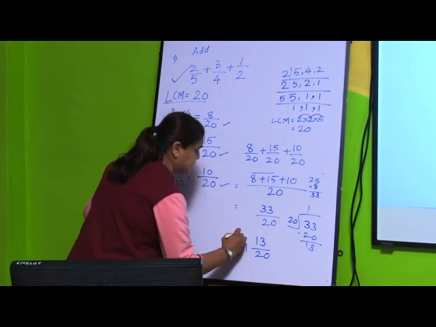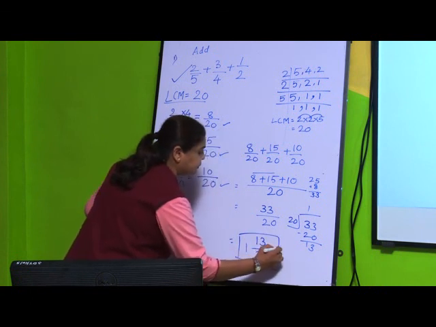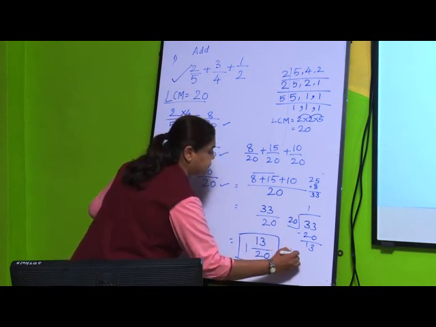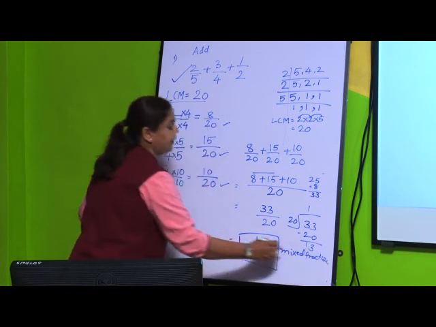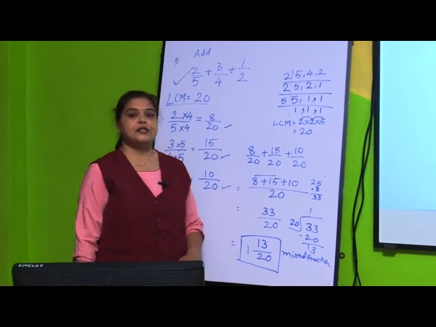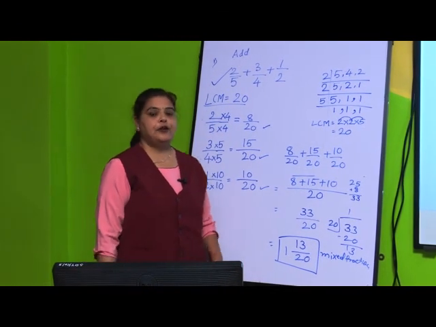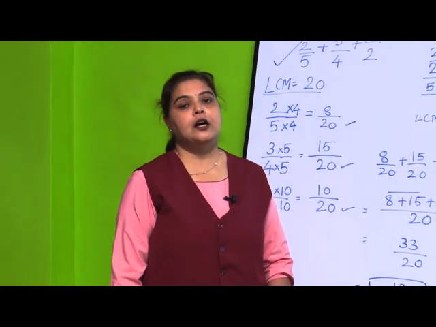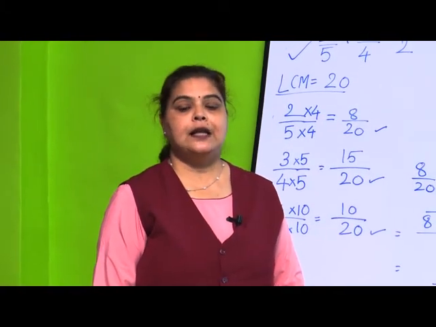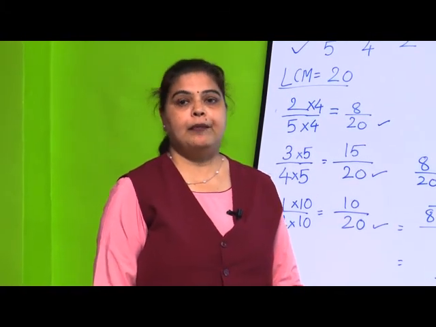So this is nothing but a mixed fraction. So we converted the improper fraction into a mixed fraction. If it is possible to reduce, we have to reduce. If we have an improper fraction, then we have to make it into a mixed fraction.